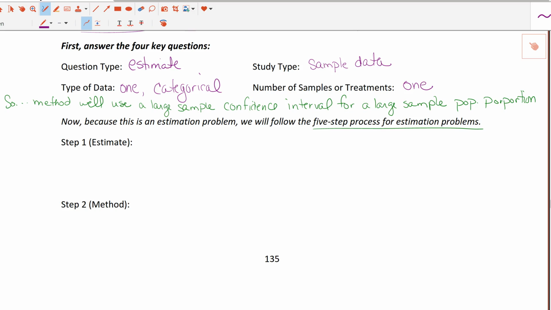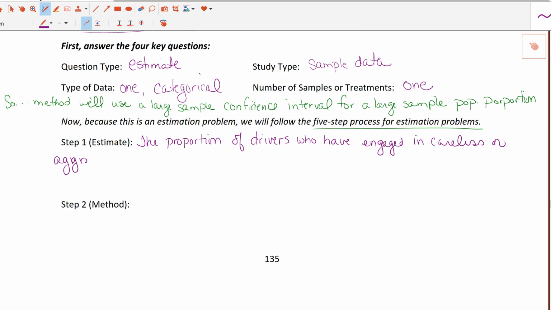So we say that the estimate is the proportion of drivers who have engaged in careless or aggressive driving in the last 6 months.